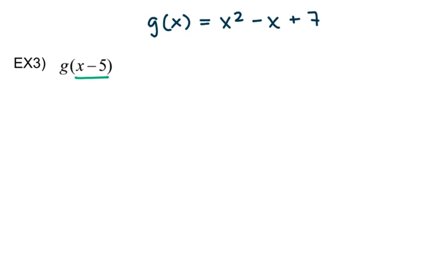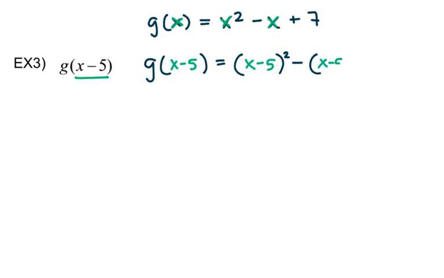So we are plugging x minus 5 in wherever there is an x value. So the way this would look, I'm going to rewrite that x as x minus 5. g of x minus 5 equals this quantity. Instead of x, I have x minus 5 squared minus, again, instead of x, I have x minus 5. And then we write our plus 7.